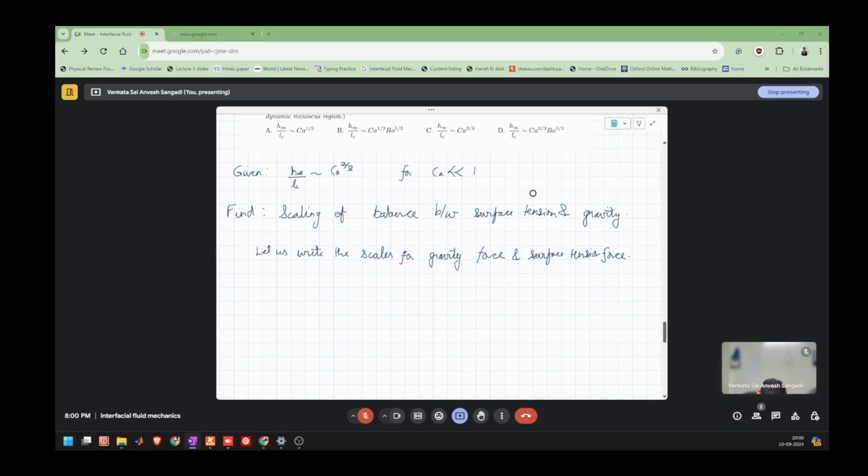This was correct. We'll write down the scales for gravity and viscous forces and bring in the surface tension force later on.